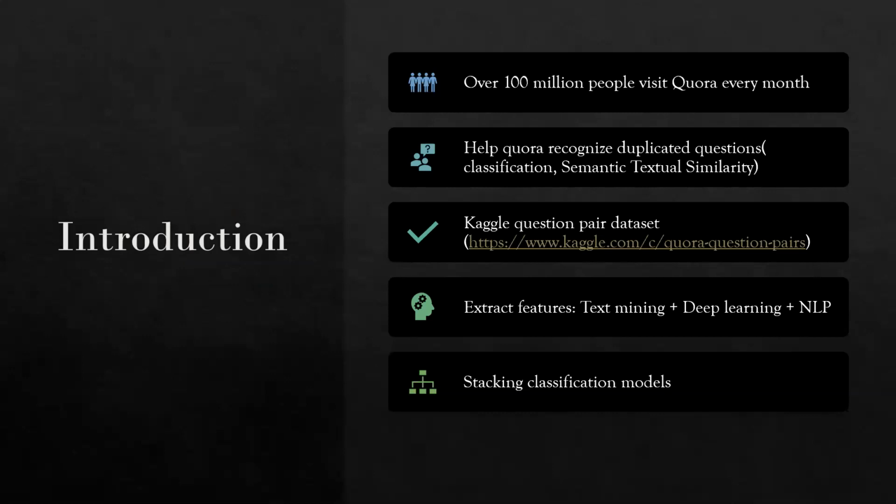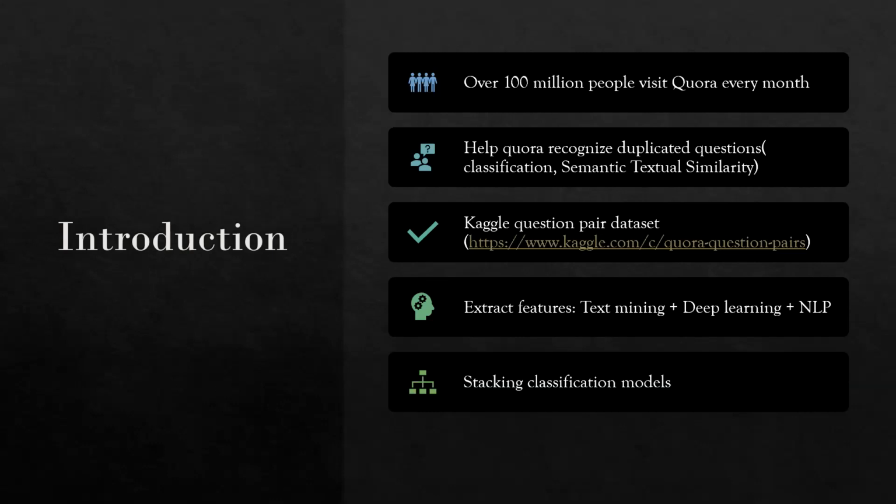Multiple questions with the same intent can cause seekers to spend more time finding the best answers to their question, and also make the writers feel they need to answer multiple versions of the same question. My project is aimed at building a model to help Quora identify whether the given two questions are duplicated or not. In this way, a model with higher accuracy can save time for both seekers and writers.